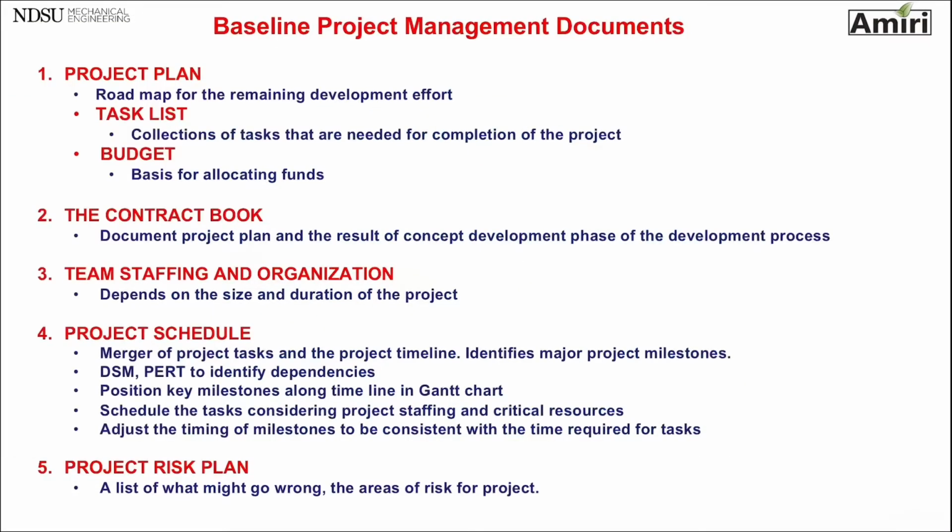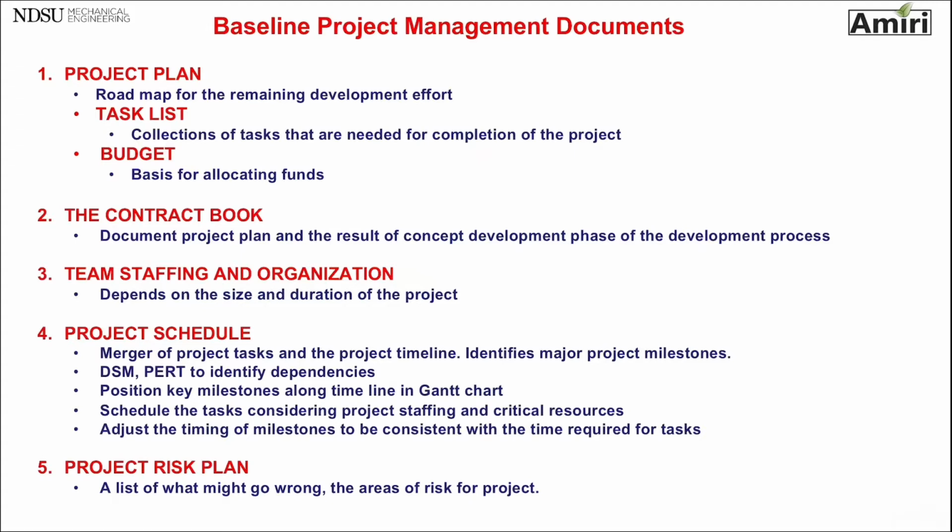Looking back more at project management, these are the project management documents that we covered in ME 361. You have all of these documents for your senior design project, some of them in different forms. Right now, we're working on the project plan, which gets you from an idea to a product or a prototype. That's a roadmap for your project.